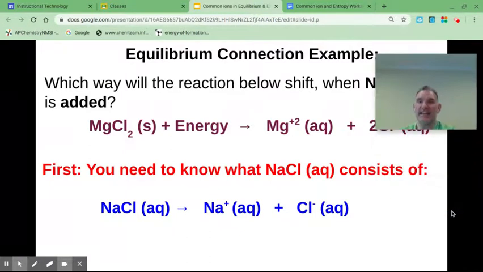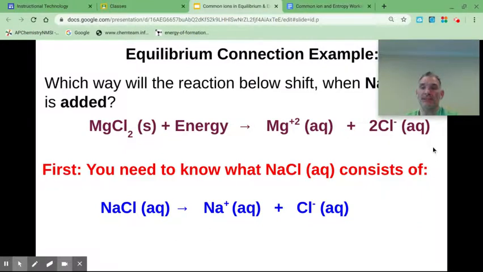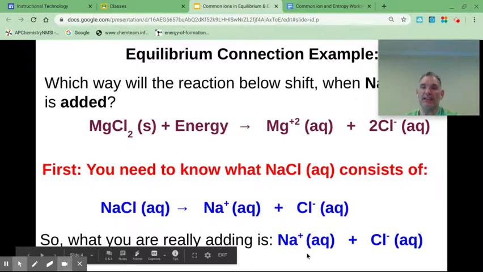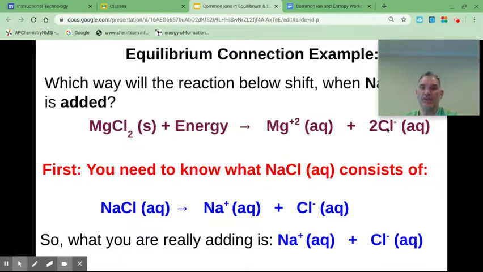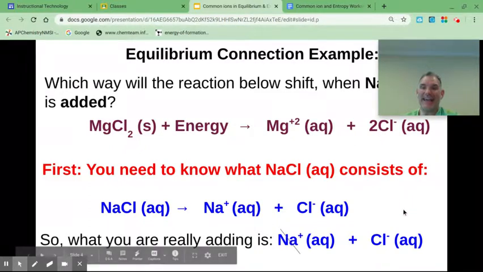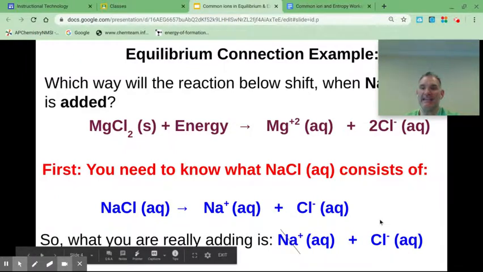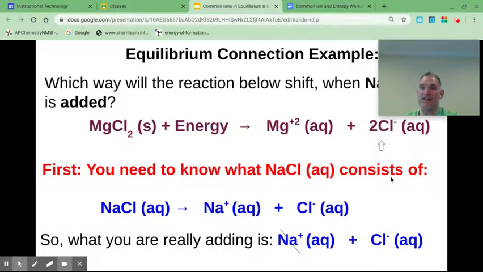If I know that the Na and the Cl ions are present, that tells me I'm really adding in the solution Na plus and Cl minus. Now, if you look up here in this reaction, there is no Na plus, but there is Cl minus. So we're actually adding Cl minus ions. At this point, we can then assess how the equilibrium is going to shift. So if I'm adding NaCl aqueous, I'm actually adding Cl minus ions, so I'm going to add here on the product side.